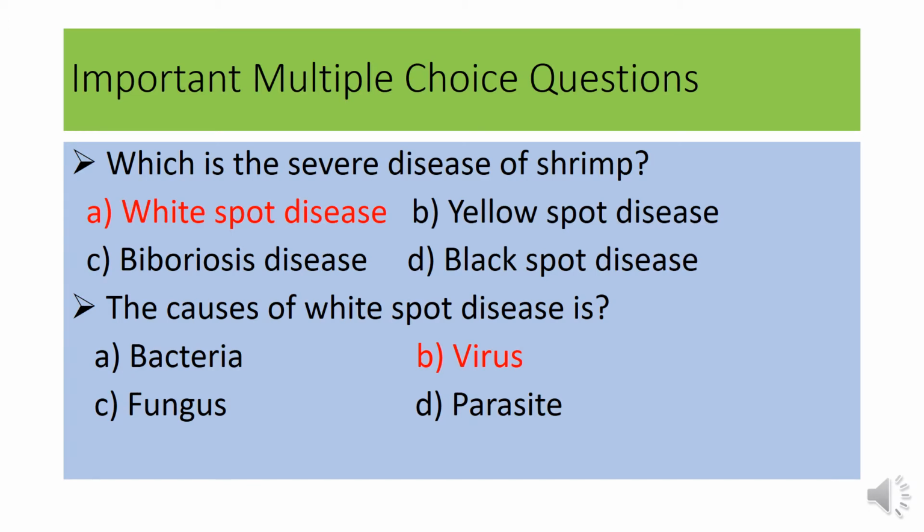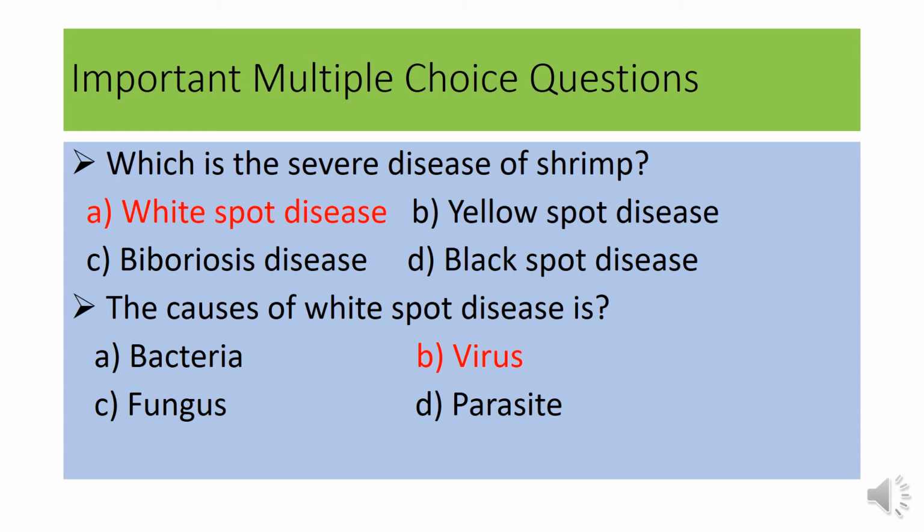Which is the severe disease of shrimp? Mainly, white spot disease is the serious disease of shrimp, and in Bagda shrimp cultivation, viruses attack more, and the main viral disease is white spot disease. It hampers Bagda shrimp cultivation if white spot disease is found.